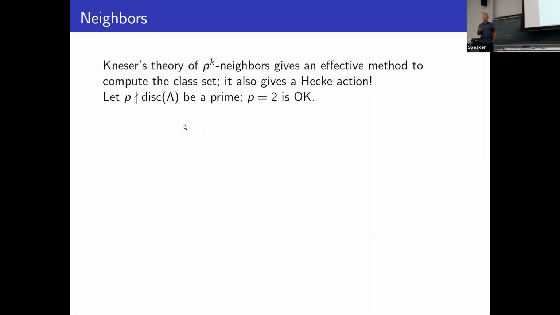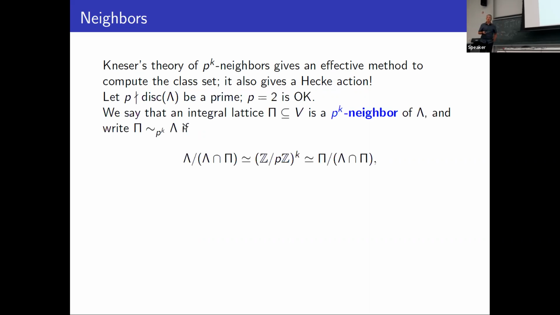So we start with any good prime that does not divide the discriminant of the lattice, and we can have p equals 2, and that's important because some things you can only compute for p equals 2 because of running time. So we say that an integral lattice is a p-neighbor of our original lattice, and we write it like that, if the intersection has index p inside both the original lattices.